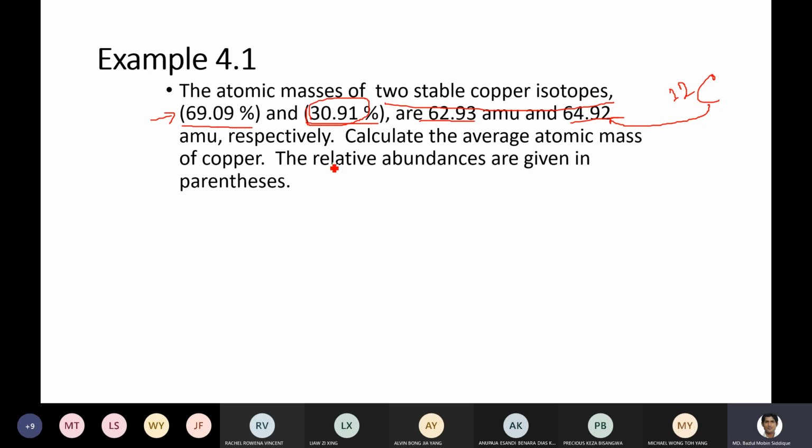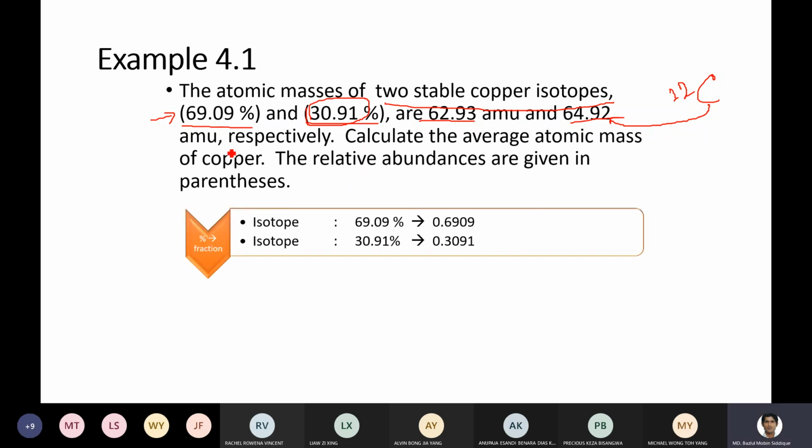Of course you can just look at the periodic table, you will find it right away, but if we want to satisfy our curiosity, how do you find it? It is easy. We have to find out the fraction of this abundance in nature.